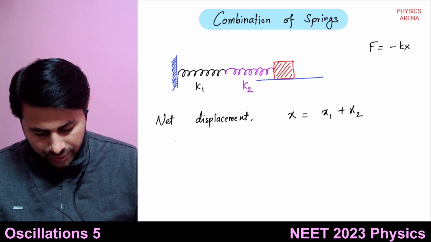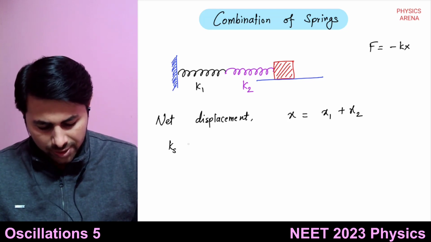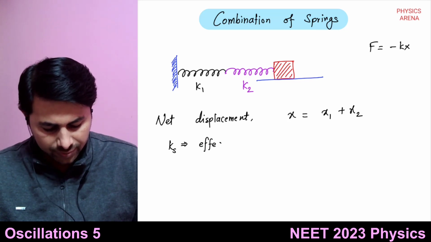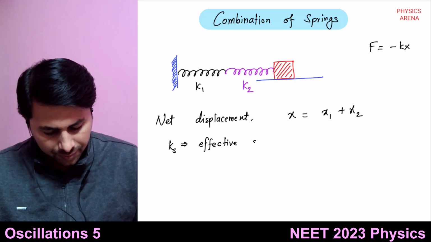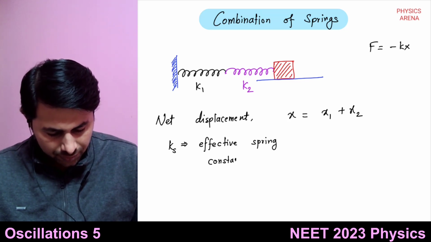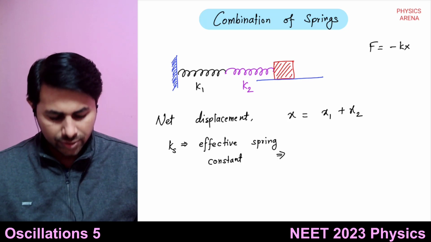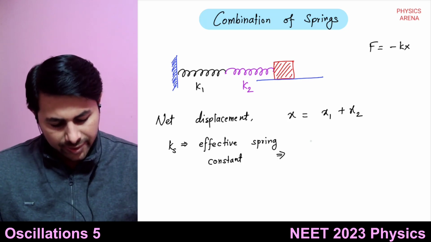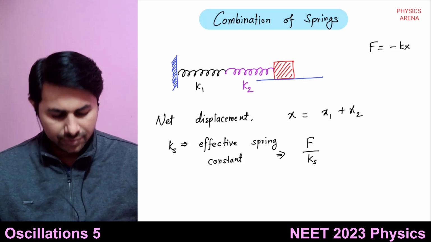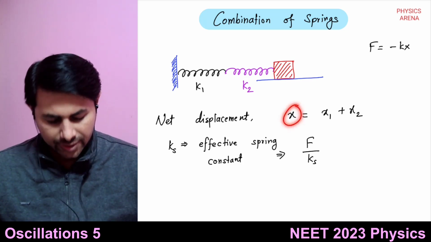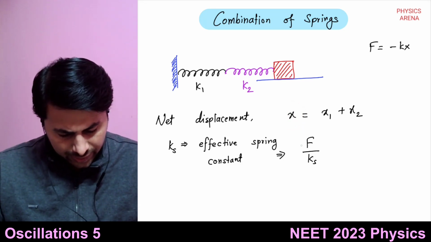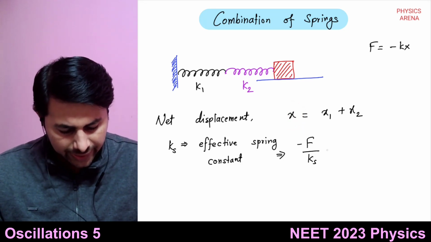So x can be written as the force divided by ks, and if you like, you can put this negative sign.